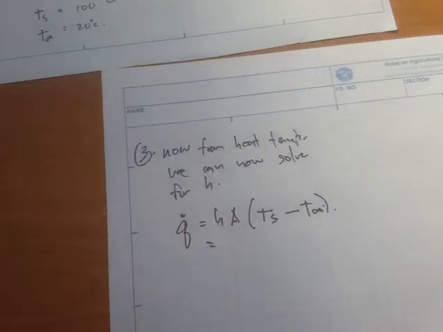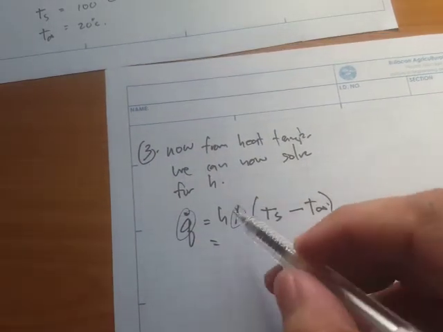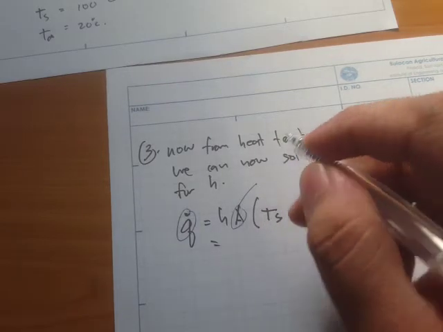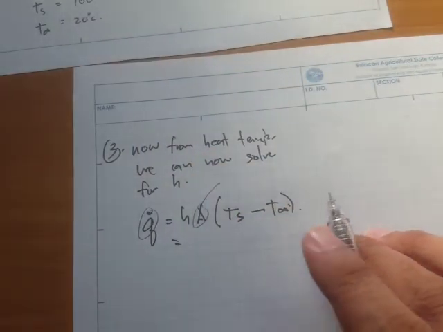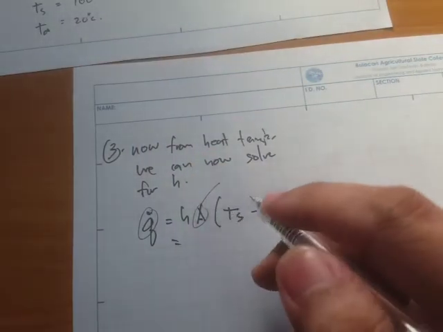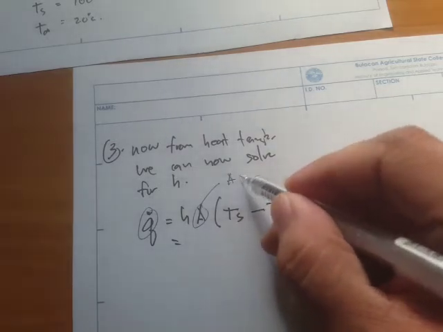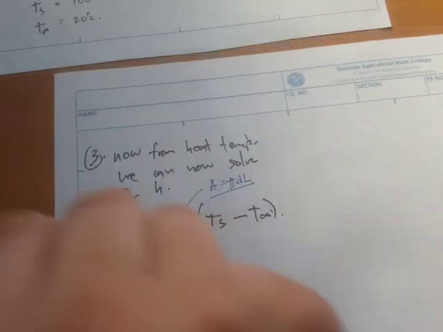We have this Q dot, we have A. By the way, how do we solve for the A? Just take note, this is the area perpendicular to the heat flow, but since we are dealing with cylindrical geometry, the area is equal to pi times d times L. That's the surface area.